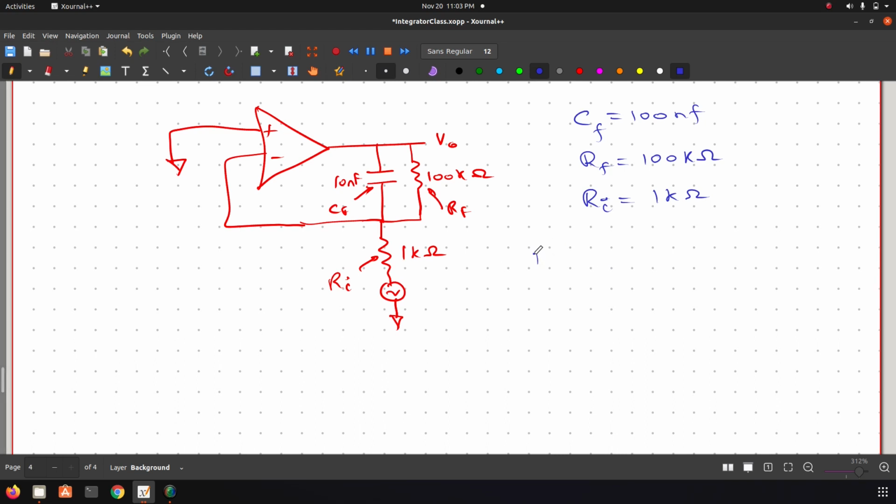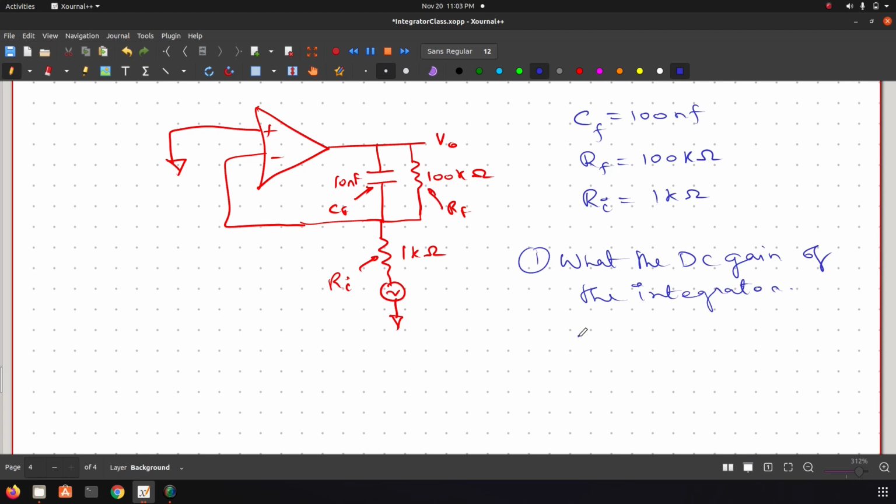The first question is, what's the DC gain of this integrator? DC gain means the gain of the integrator at f equal to 0.